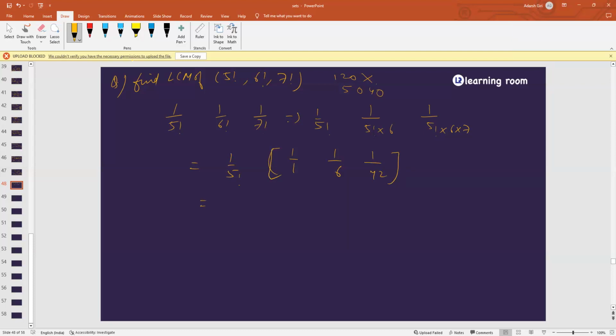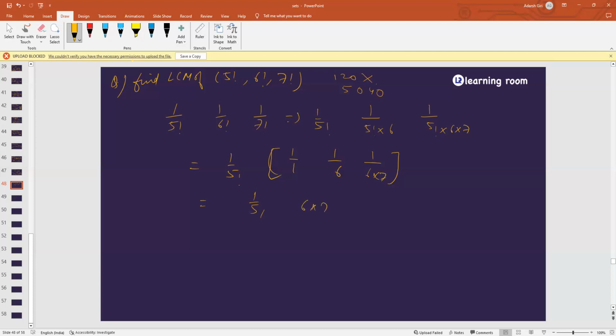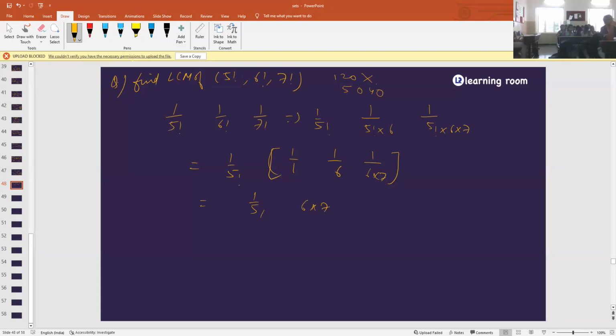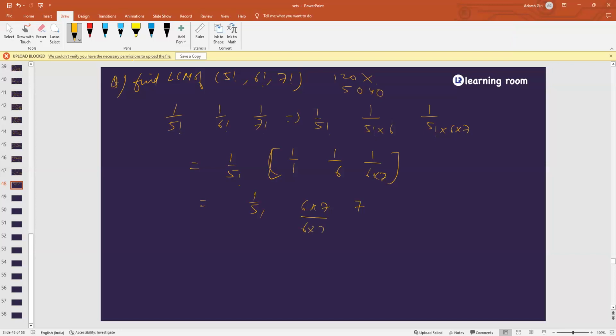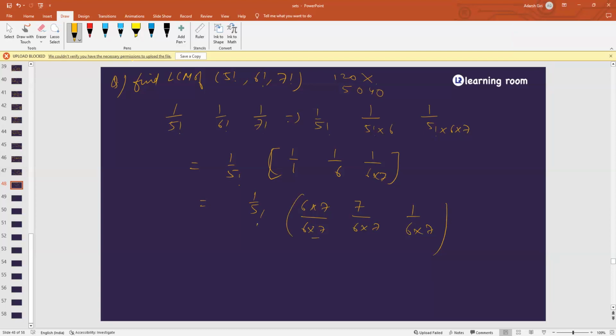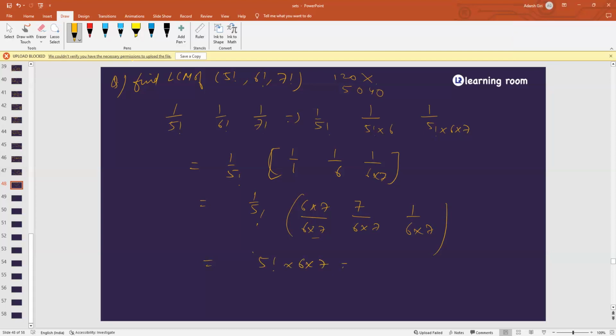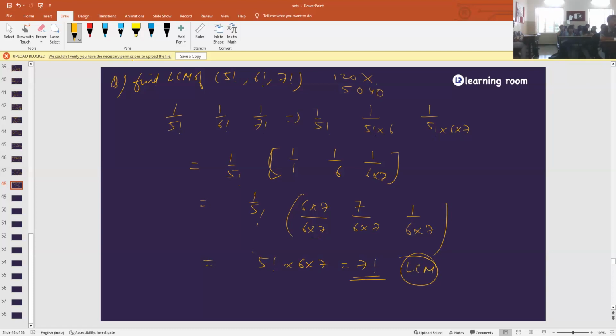So this will be nothing but 1 by 5 factorial, or better I write it like 6 into 7. So what is the LCM here? 6 into 7 is the LCM here. Then here it will be 7 by 6 into 7, 1 by 6 into 7. So the LCM will be what? 5 factorial into 6 into 7. That will be what? 7 factorial. This is the LCM. Understood? Did you understand it or not?